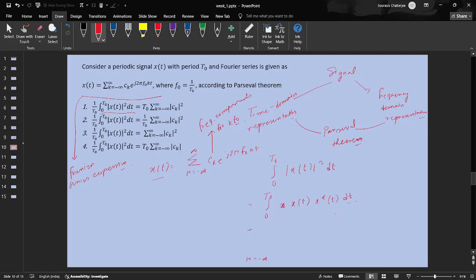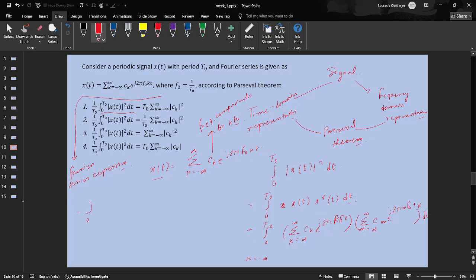That's pretty much it. So here I get the integral from 0 to t naught of the sum over k from minus infinity to infinity of ck e to the power j 2 pi k f naught t, and then I'm intentionally using a separate index here, m, cm e to the power j 2 pi m f naught t, conjugate of that, dt.